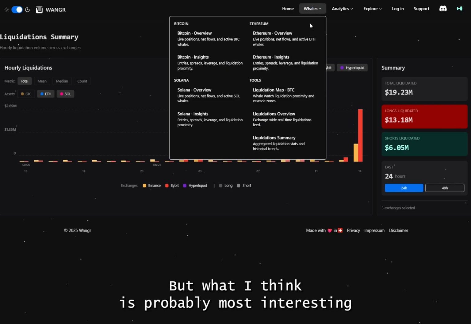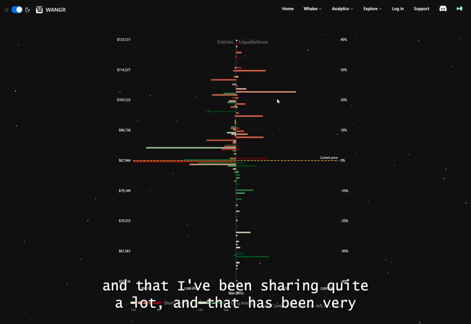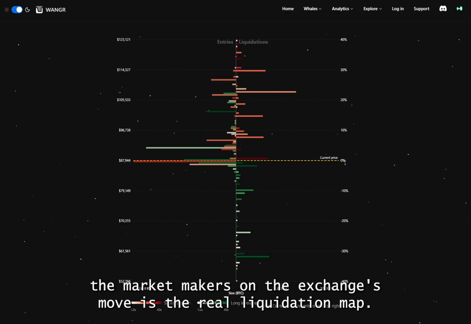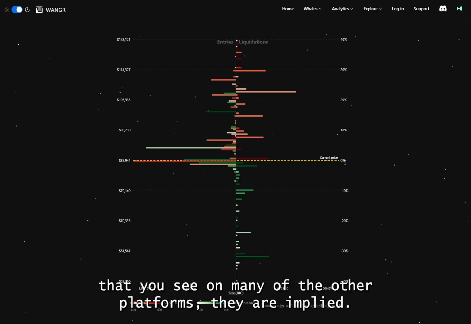But what I think is probably most interesting, and that I've been sharing quite a lot, and that has been very predictive of where the market makers or the exchanges move, is the real liquidation map. And the reason why is because the liquidation maps that you see on many of the other platforms are implied.